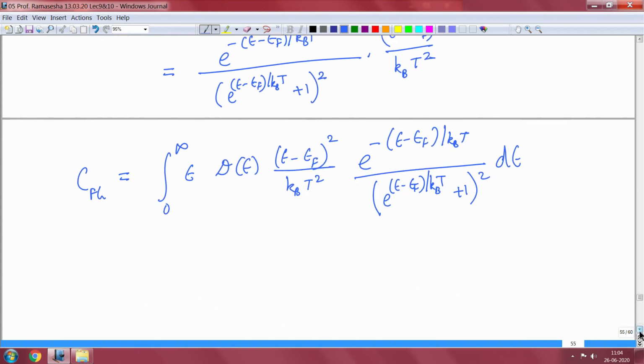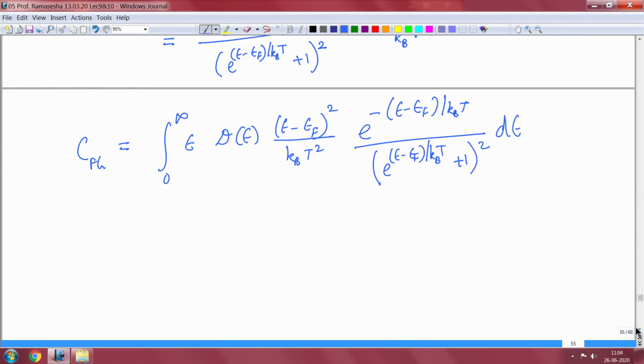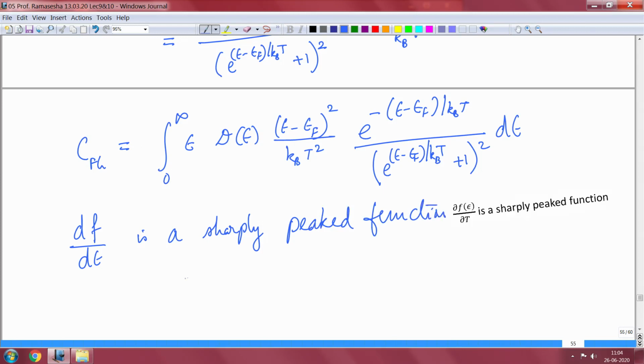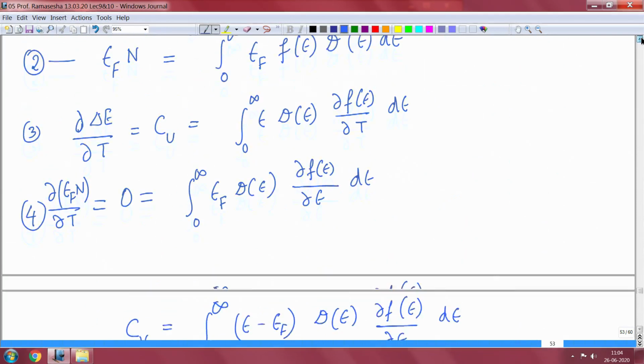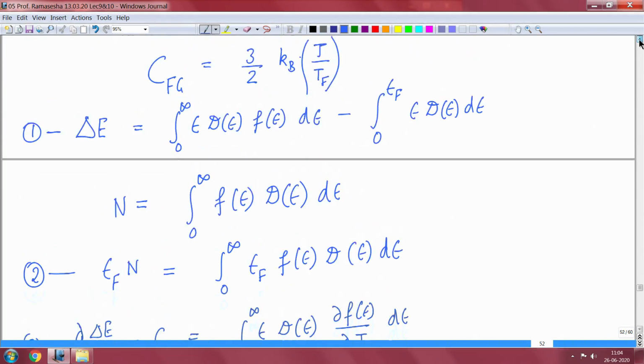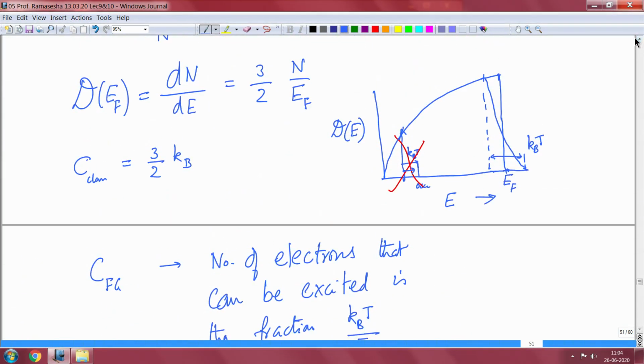Now the important thing is the following: df by dE is a sharply peaked function at E_F. As you see from the distribution function, it is a step function at T equal to 0, and not very much spread out when T is much smaller than T_F.